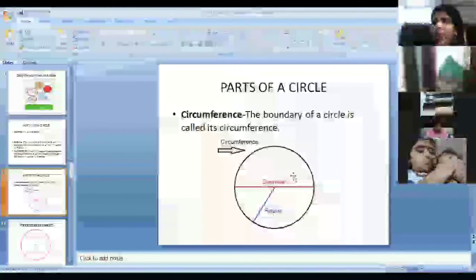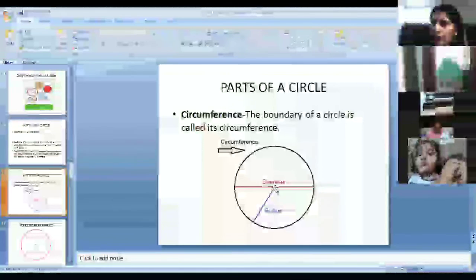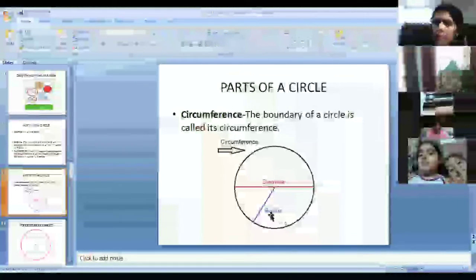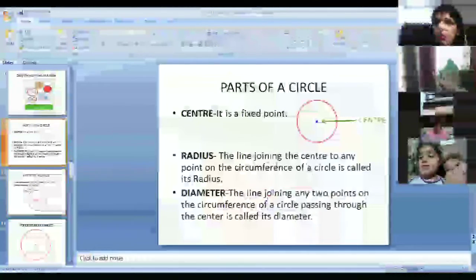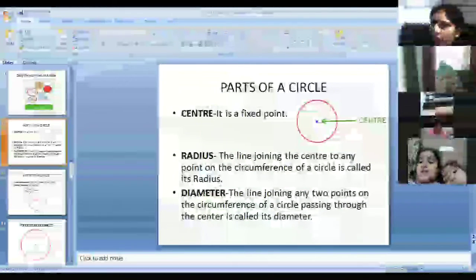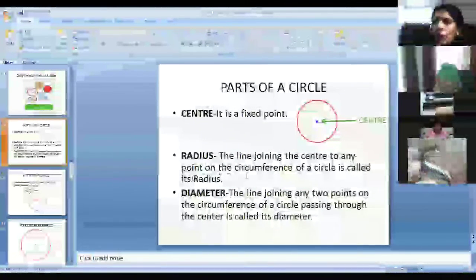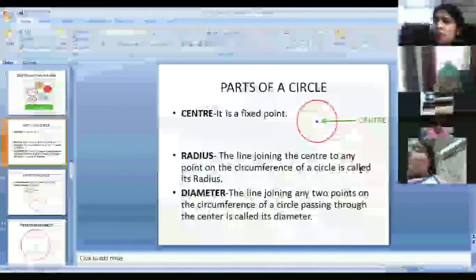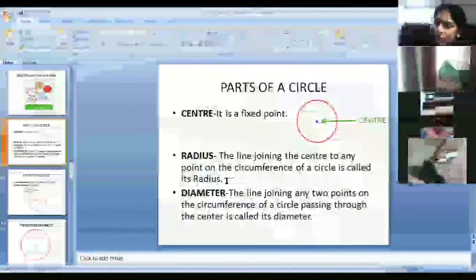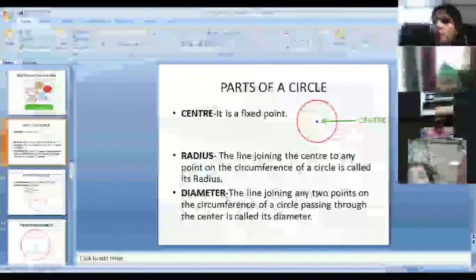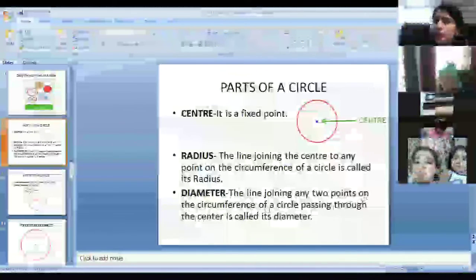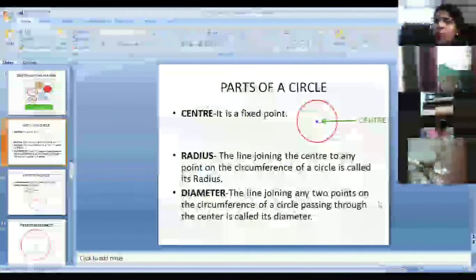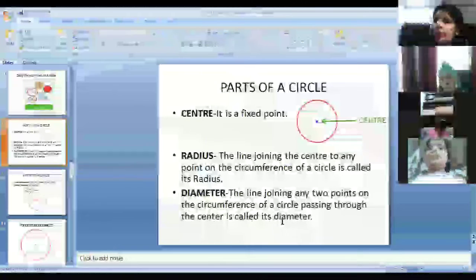And the center is the fixed point. So the line joining the center to any point on the circumference of a circle is called its radius. And the line joining any 2 points on the circumference of a circle passing through the center is called its diameter.